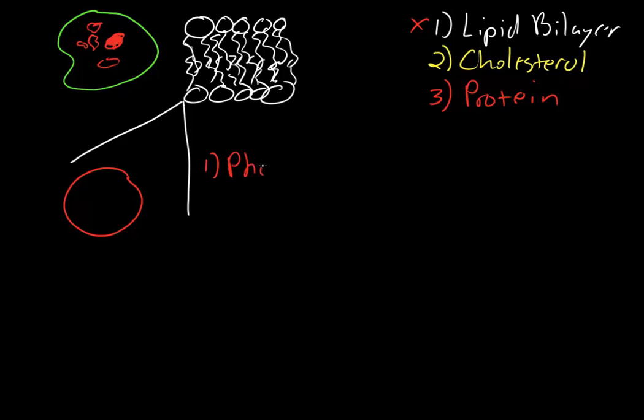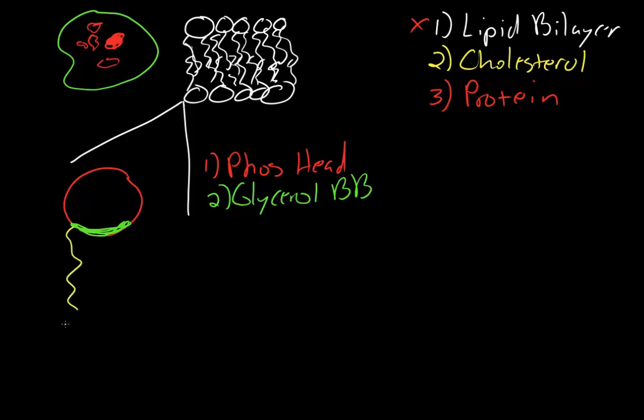I'm just going to write phos just for time. Don't want to bore you guys too much. The glycerol backbone. All right. Glycerol BB for the backbone. And then we have these fatty acid tails, okay?